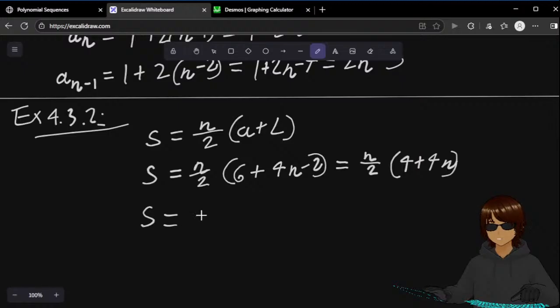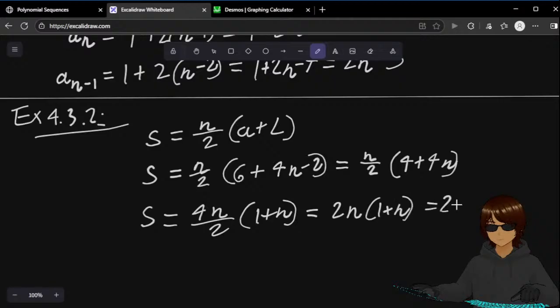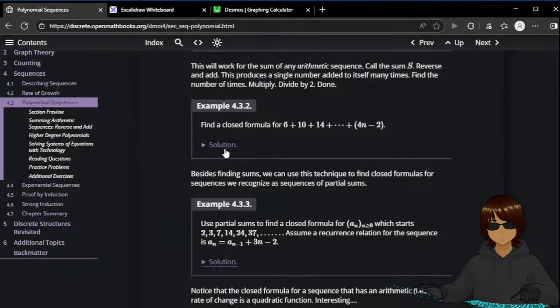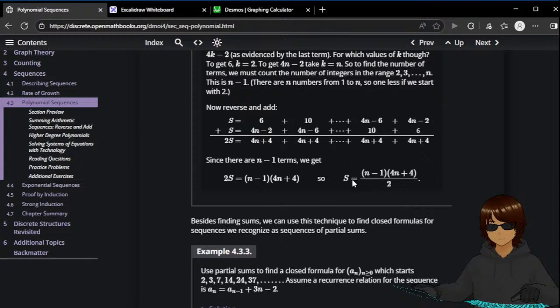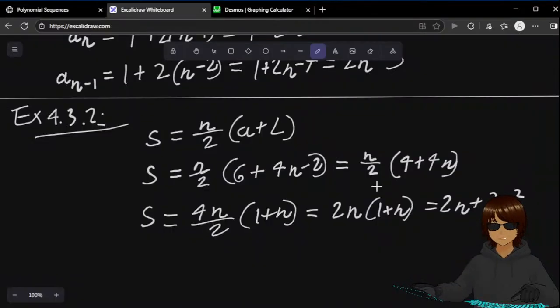I can take the 4 out. Why don't they take the 4 out from here? Take the 4 out, and then we have 2 times all of this. 2 times n minus 1 and a plus 1.